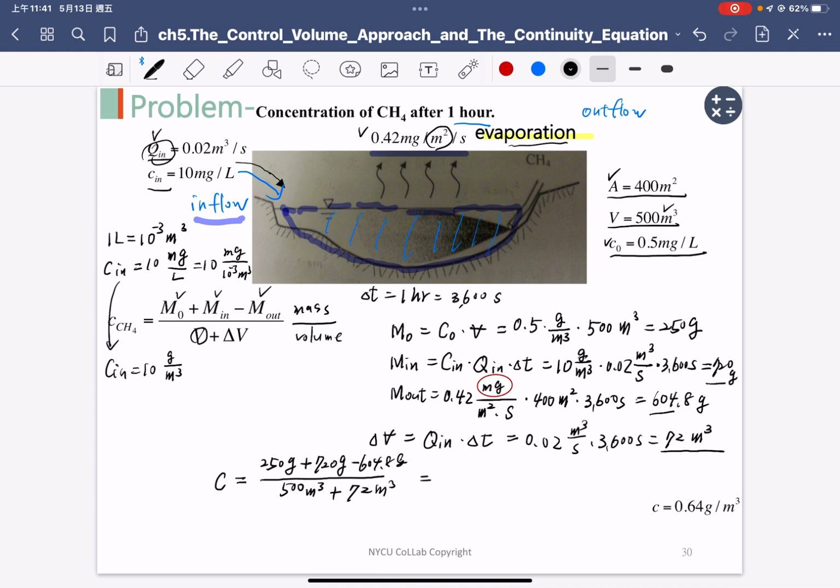So I checked by myself, and the answer is equal to 0.638, and the dimension is g divided by meter cubic. You can also say that is around 0.64 mg divided by liter.